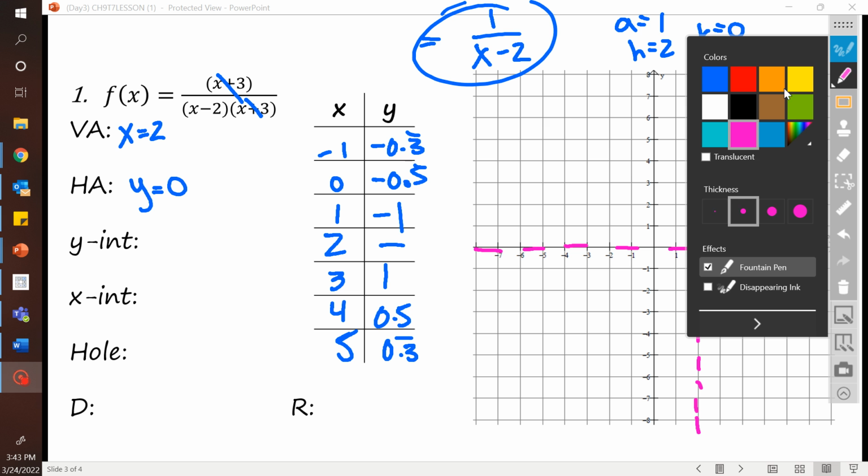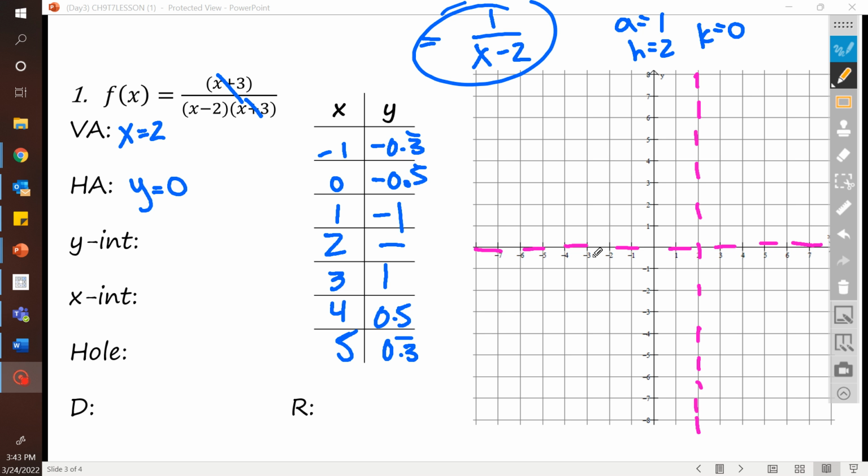Okay, so I'm just going to plot these points real quick so I know what this looks like right here, and right here. So something like this. And then on the other side, 3, 1, so right here, and right here.